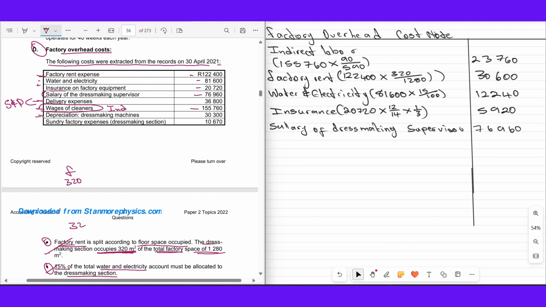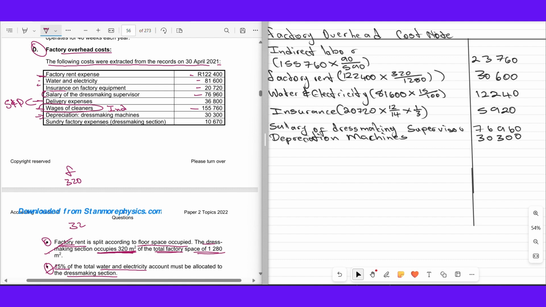So we have depreciation on dressmaking machines. So you can just write depreciation on machines, which is 6,300.